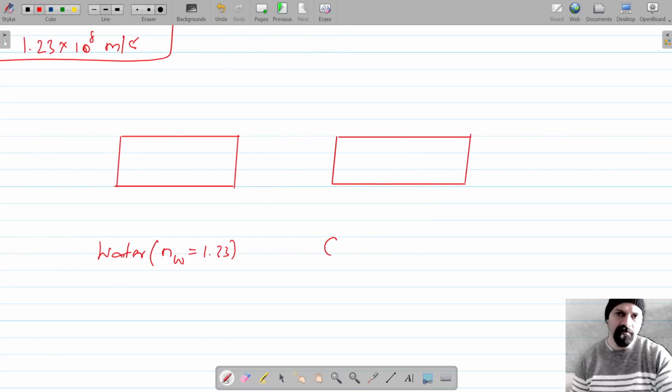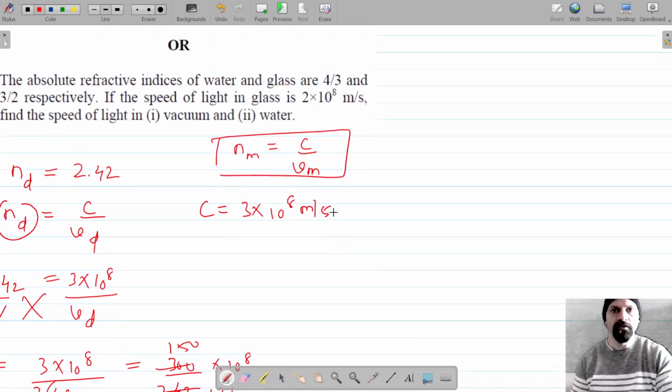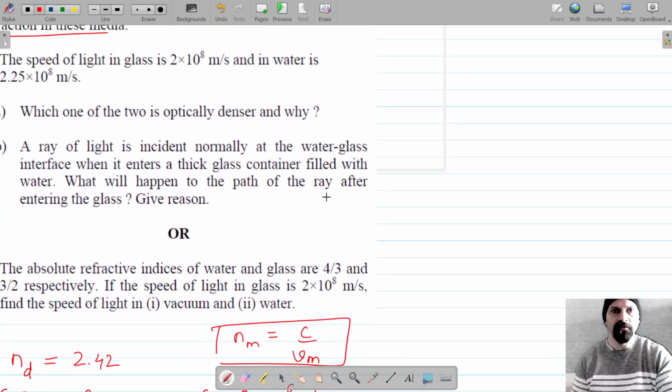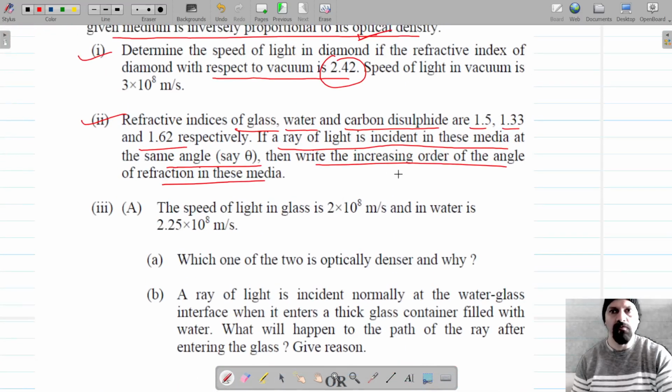Next is carbon disulphide, and I'm going to denote it with CD. So its refractive index is 1.62.